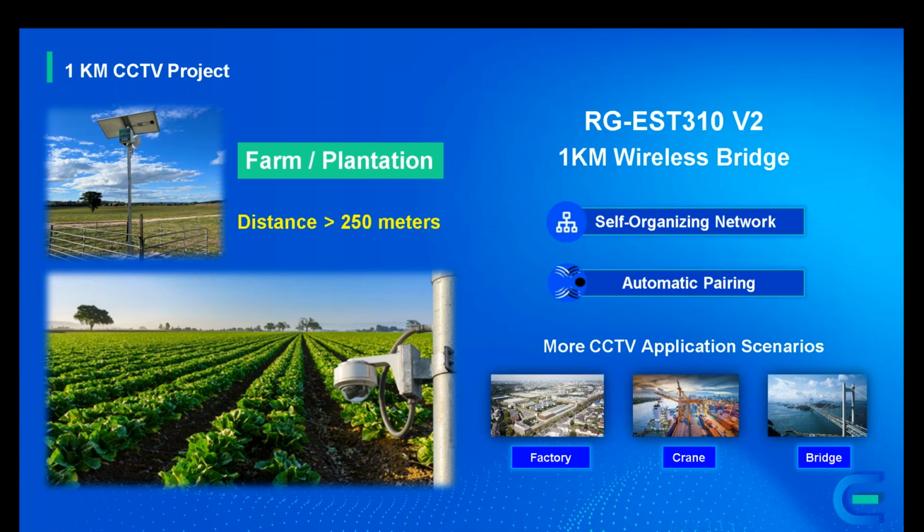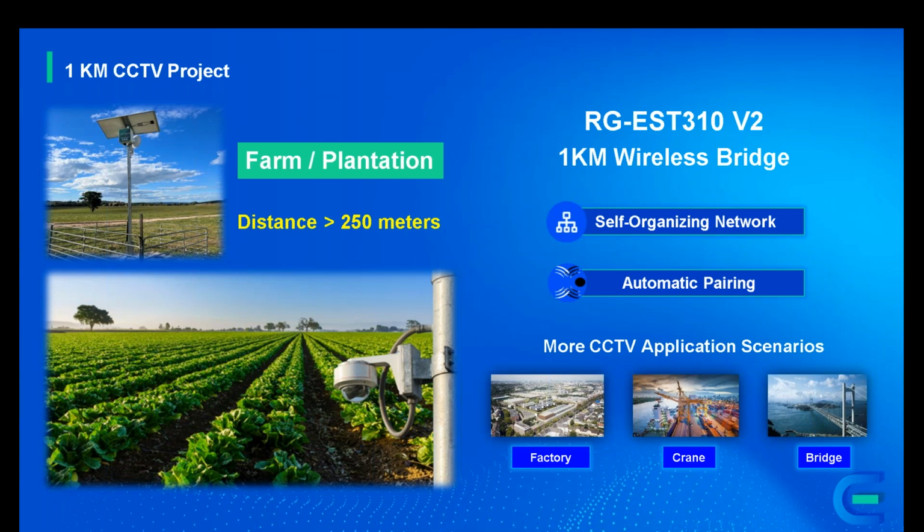Also, sometimes you have a requirement for long distance, for more than 250 meters. So for these deployments, like farms, factories, bridges, even for elevators, we use these devices a lot in some elevator deployments where the cabling is very difficult to do.